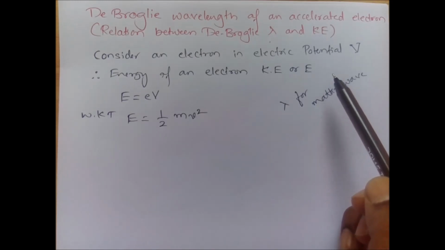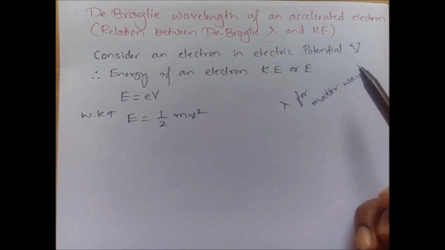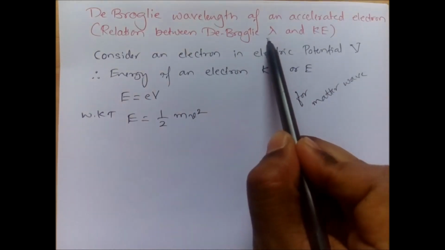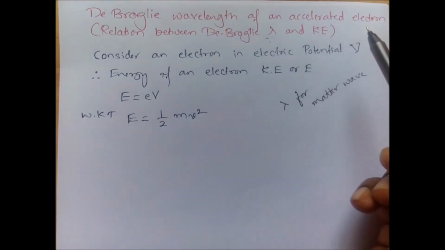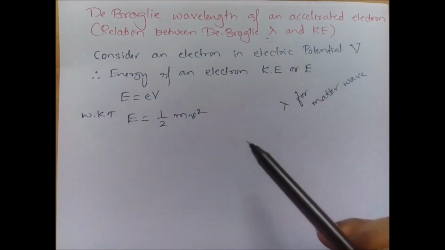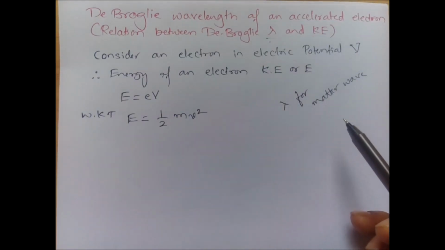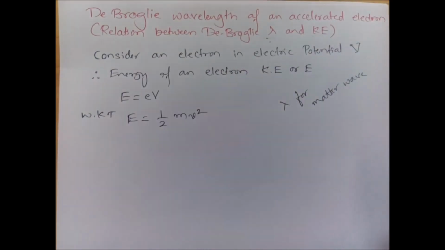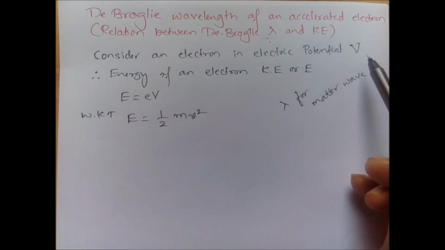What is the aim of this derivation? The aim of this derivation is to find out the relation between the lambda, that is the de Broglie wavelength, and the kinetic energy of that particular electron. So that electron is considered in accelerating potential, where capital V is the potential.